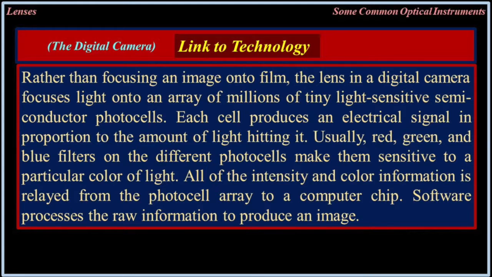Usually red, green, and blue filters on the different photocells make them sensitive to a particular color of light. All of the intensity and color information is relayed from the photocell array to the computer chip. Software processes the raw information to produce an image.